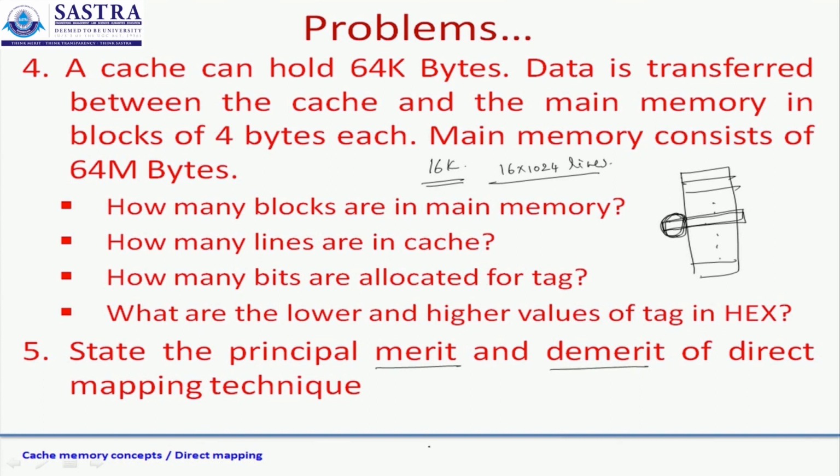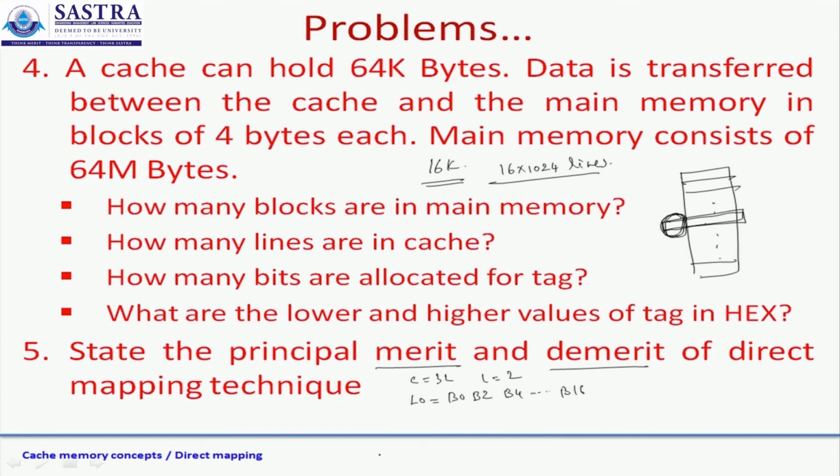What is the demerit of direct mapping technique? Suppose let's consider our toy example. C equal to 32 and L equal to 2. Then on line 0, B0, B2, B4, B16 etc. are going to be mapped.